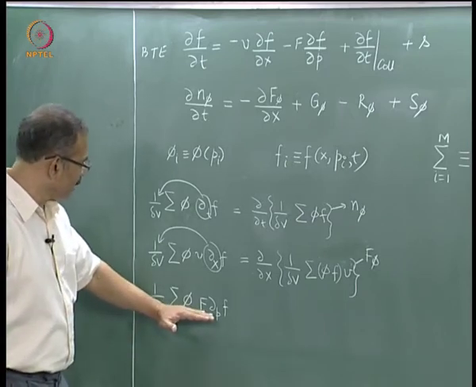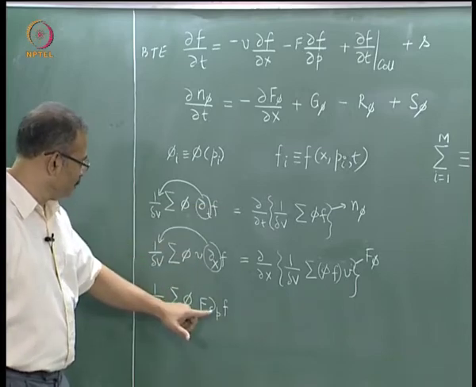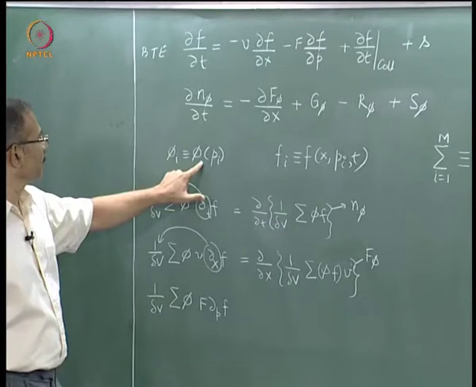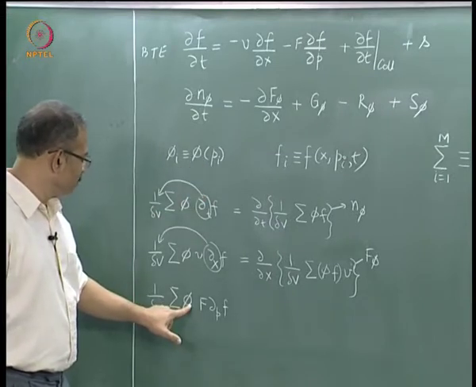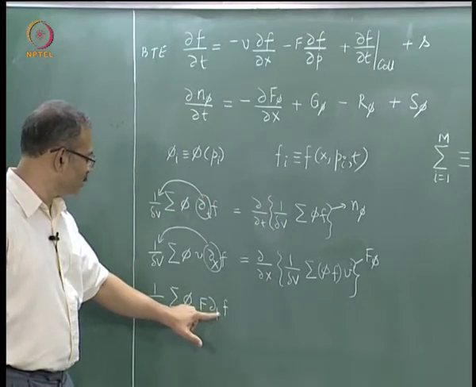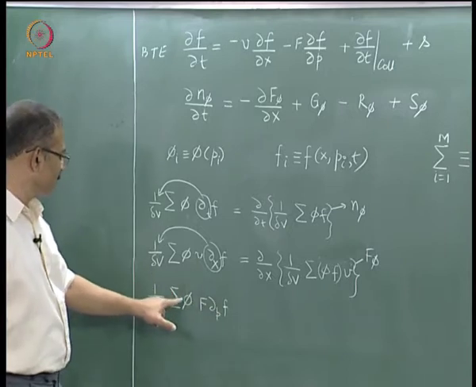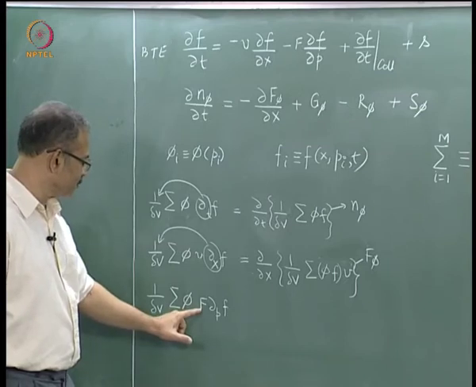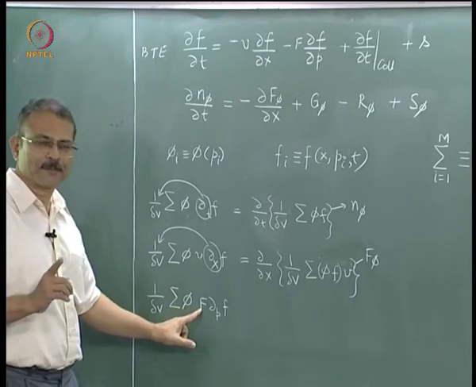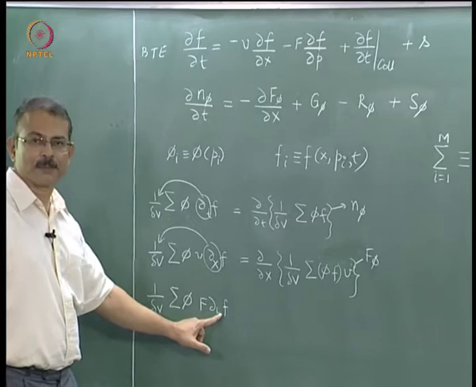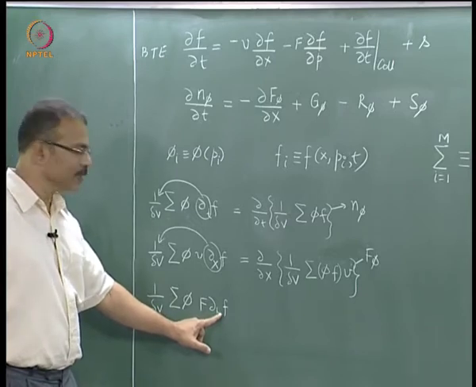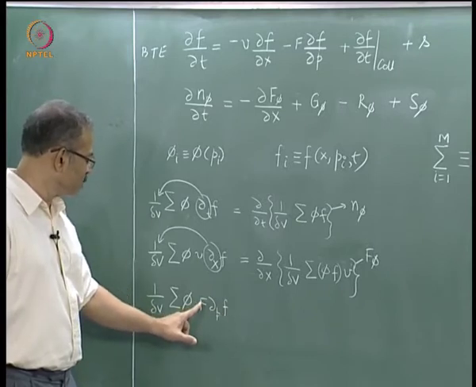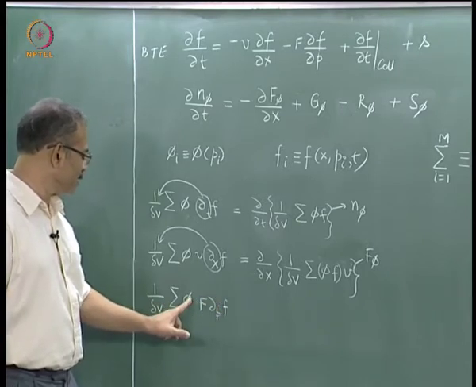Now unlike the earlier cases, phi is now a function of p, please note here. Therefore I cannot move this dou by dou p sign out very easily, I cannot just push this phi inside. However, the force F depends on the electric field E and it is not a function of p. For example, F is equal to minus q times E. Therefore, I can push the F in but not phi.